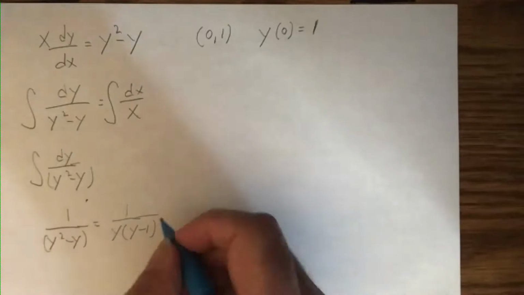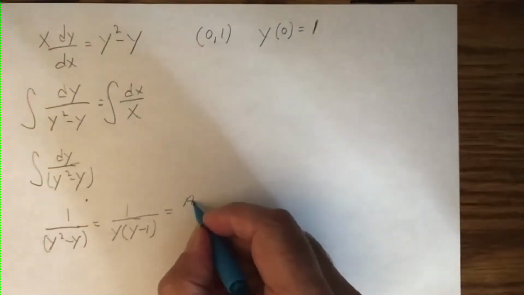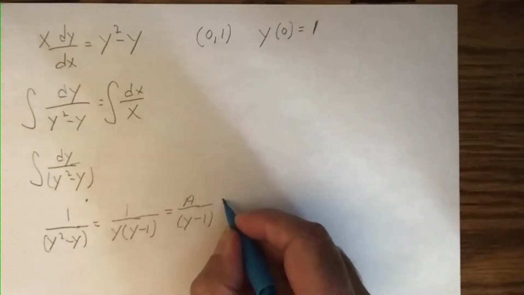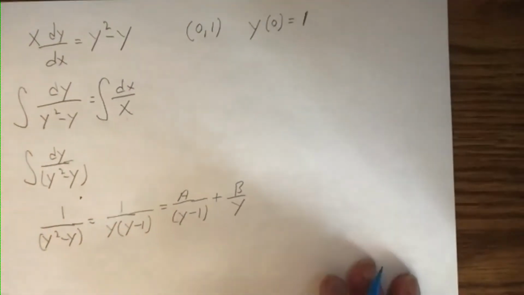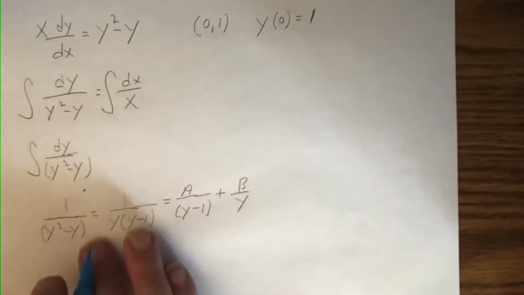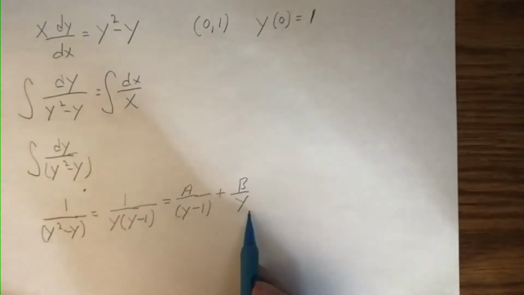And now I could break this up into A over y minus 1 plus B over y. Hopefully you learned how to solve an integral using partial fractions decomposition in calculus 2.